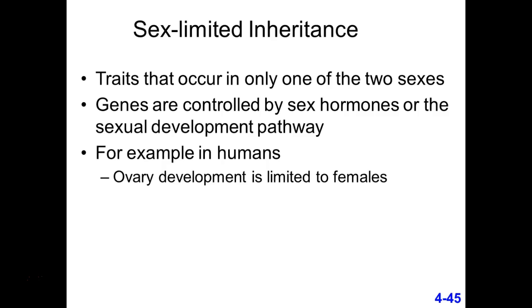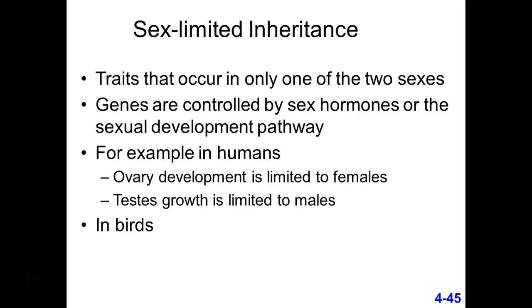The default is apparently female, by the way. If you're missing information, you become female. It's the male information that causes you to be male. Anyways, so ovaries for females, testes for males. In birds, what's the major difference you notice in birds related to their sex?